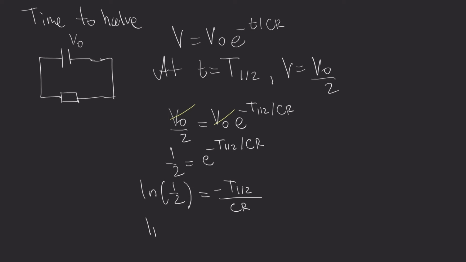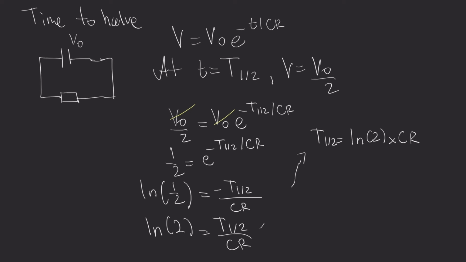So multiplying both sides by -1, we get ln of 2 is equal to the halving time over CR. Okay, finally we get our expression that the halving time of a capacitor is equal to ln of 2 multiplied by CR.